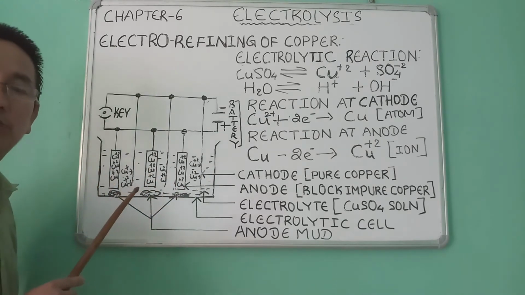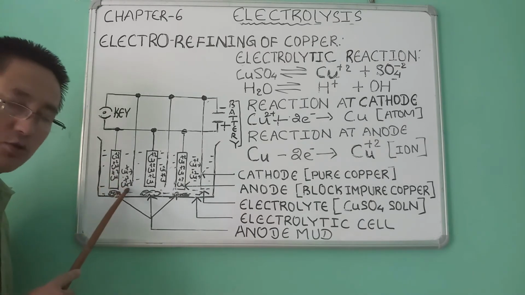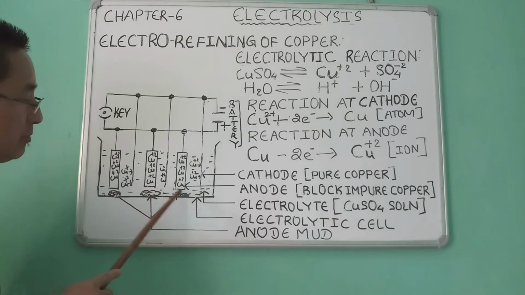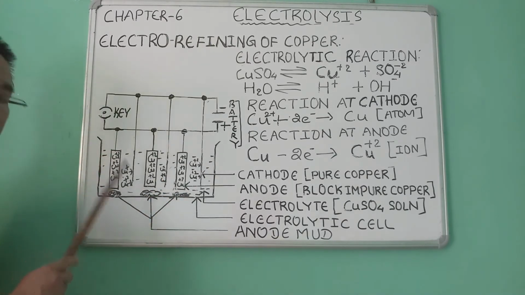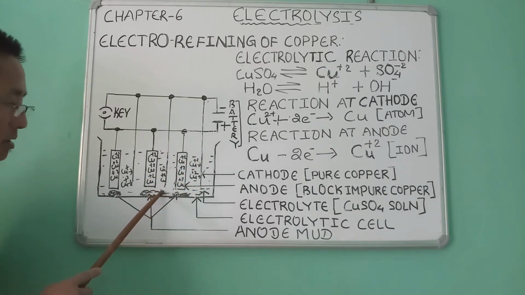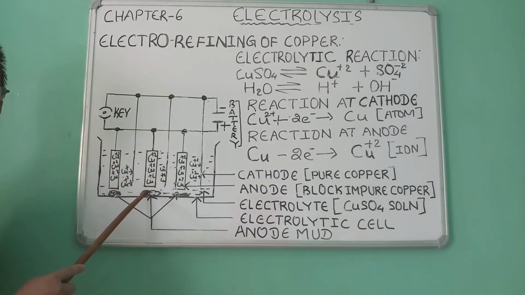The size of the anode decreases because the anode is consumed during this process. The blue color of the solution remains the same because the copper ions removed from the solution at the cathode are added back into the solution by the anode.